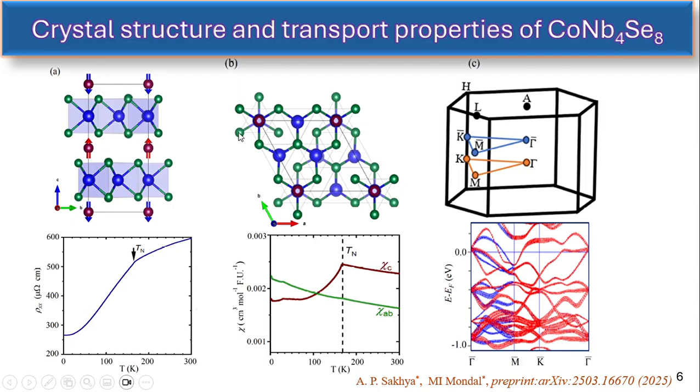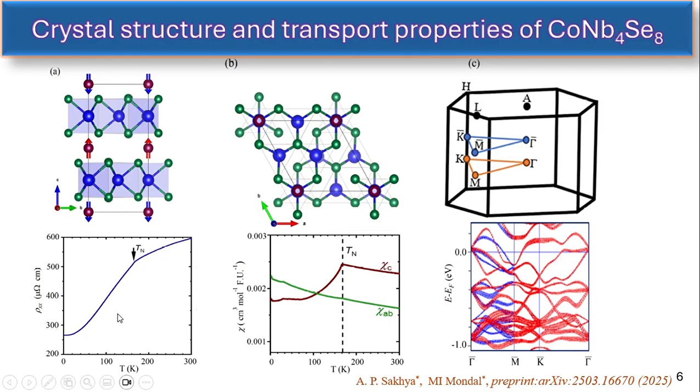Here is the top down view of CoNb4S8, where we can clearly see the intercalated cobalt atom locations. This is the bulk 3D Brillouin zone, where we mention the high symmetry directions as well as the different kz planes. We will be more interested in studying the electronic structure along the Gamma-M direction at kz equal to pi over 2c, which is predicted to host the potential ultramagnetic spin polarized band along the Gamma-M direction.